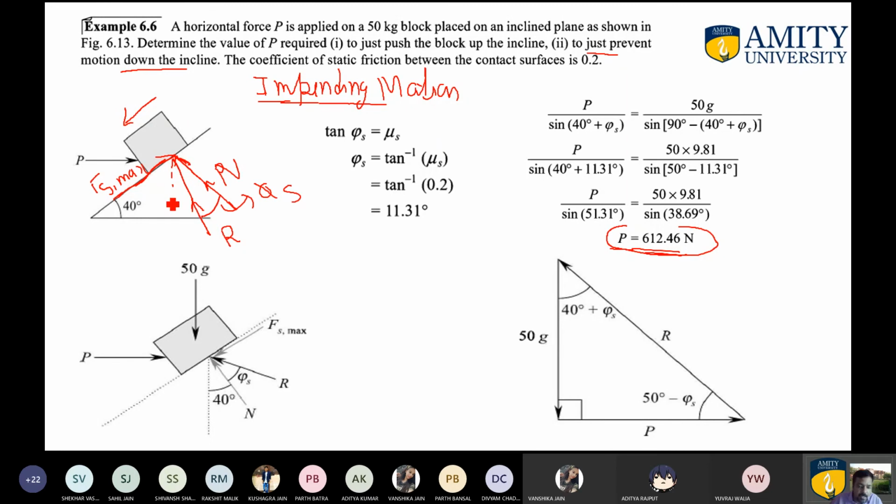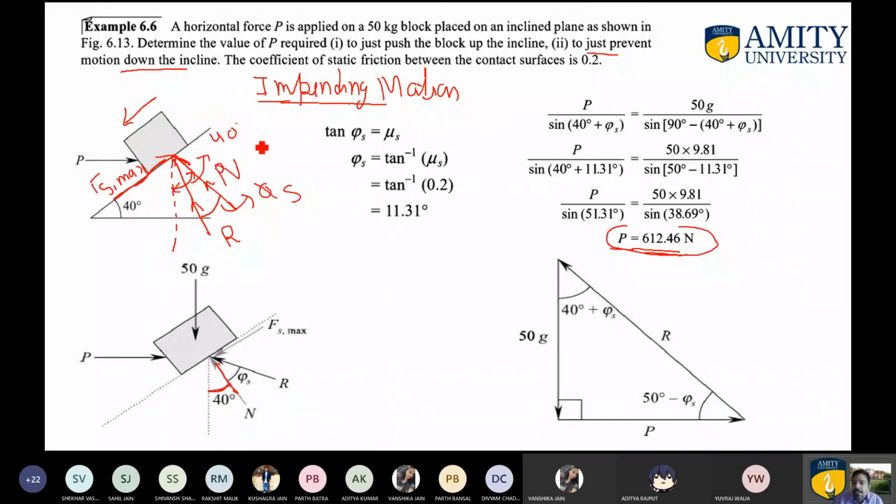Now if you draw the vertical line like this one, N with your vertical will make the angle of 40 degrees. Previously we have already discussed that the angle of N with vertical is 40. So the total angle from here to here is your 40 degrees.